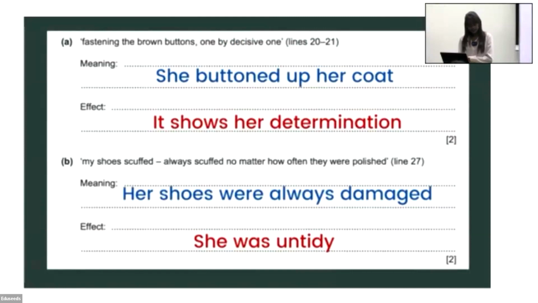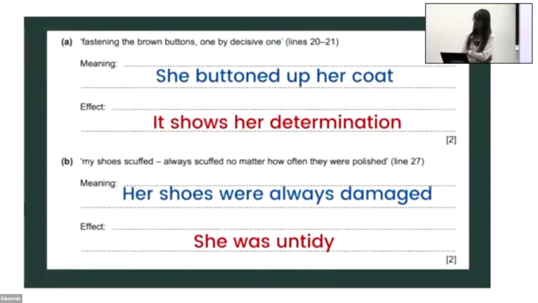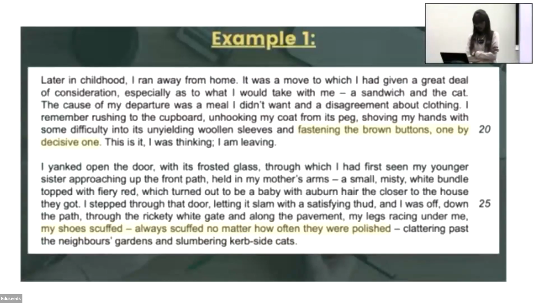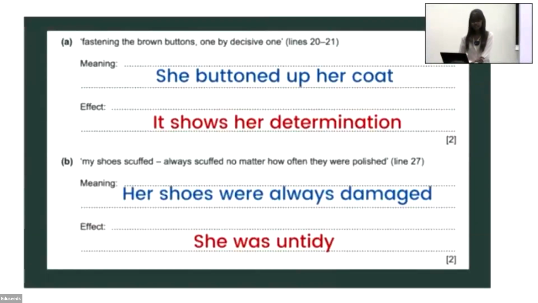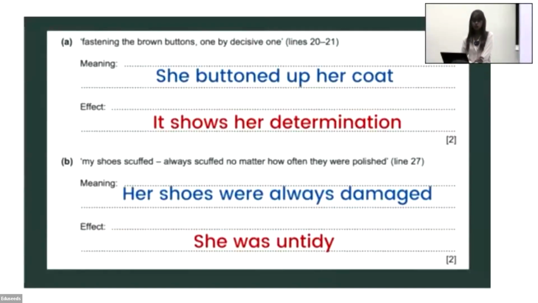The next example, same paragraph, example 1. My shoes scuffed and always scuffed no matter how often they were polished. This is the phrase given for question B. The meaning here: scuffed means that it is always dirty or damaged. That is the literal meaning. Her shoes were always damaged.